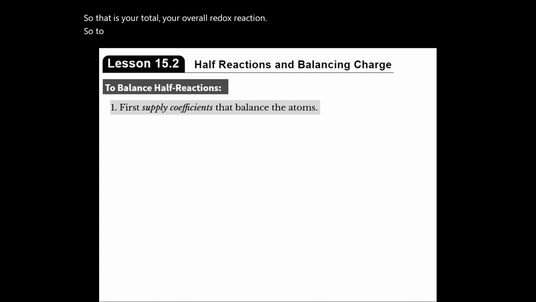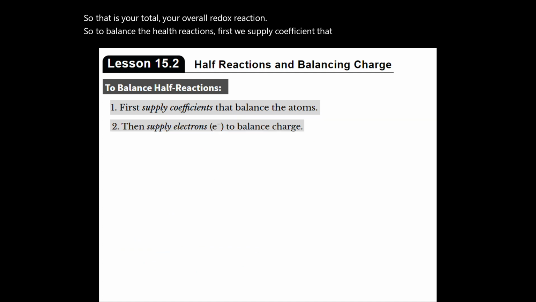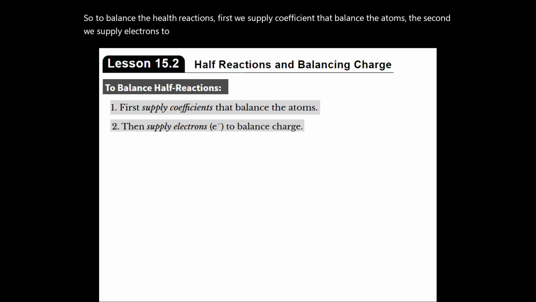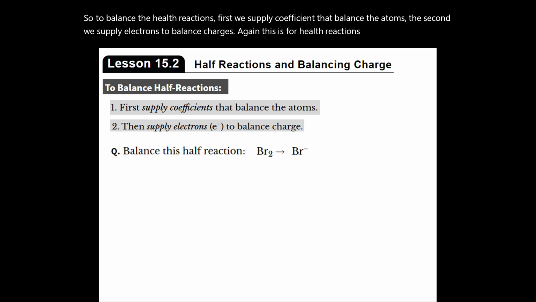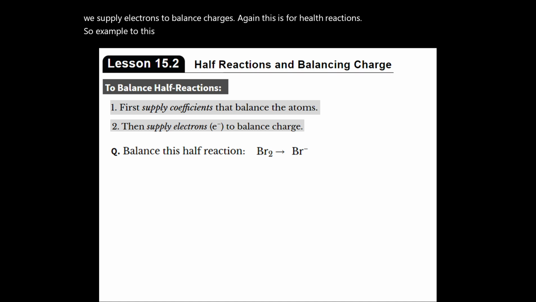To balance the half reactions, first we supply coefficients that balance the atoms. The second, we supply electrons to balance charges. Again, this is for half reactions. So an example of this is bromine, being converted to bromide.